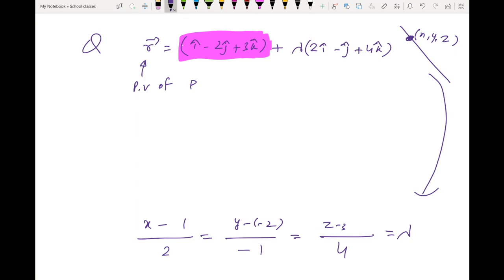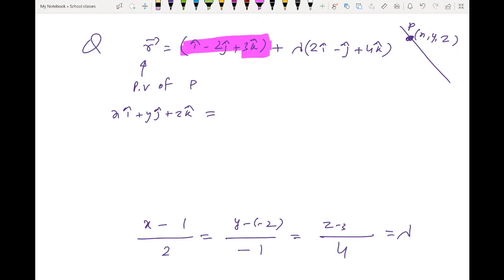So r vector is the position vector of this general point, which is xi plus yj plus zk. That's why we can replace r vector by xi plus yj plus zk. R vector represents any point lying on the line.